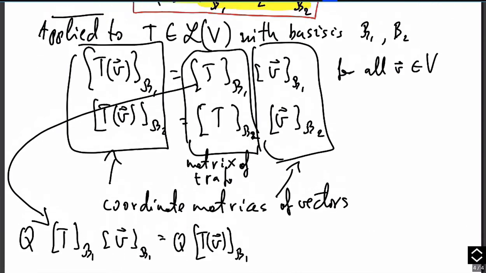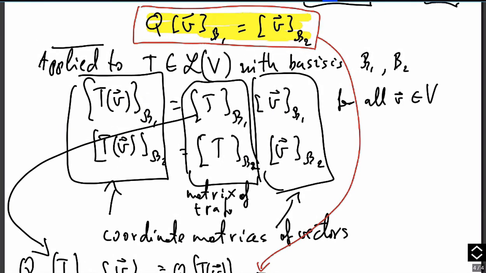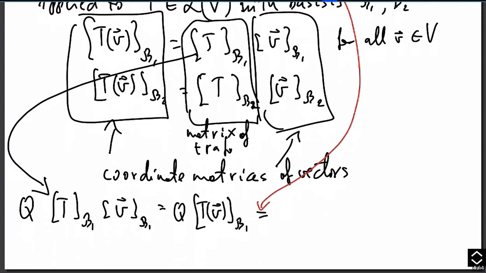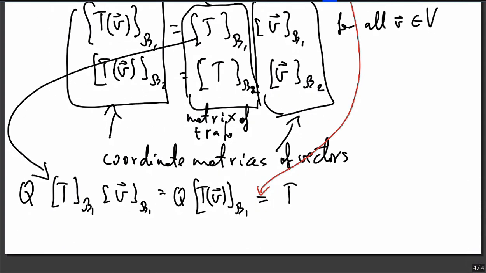And then according to the identity here, Q times a B1 coordinate matrix is the same as the B2 coordinate matrix. So we get that this is the coordinate matrix of the same vector, but in the B2 basis.